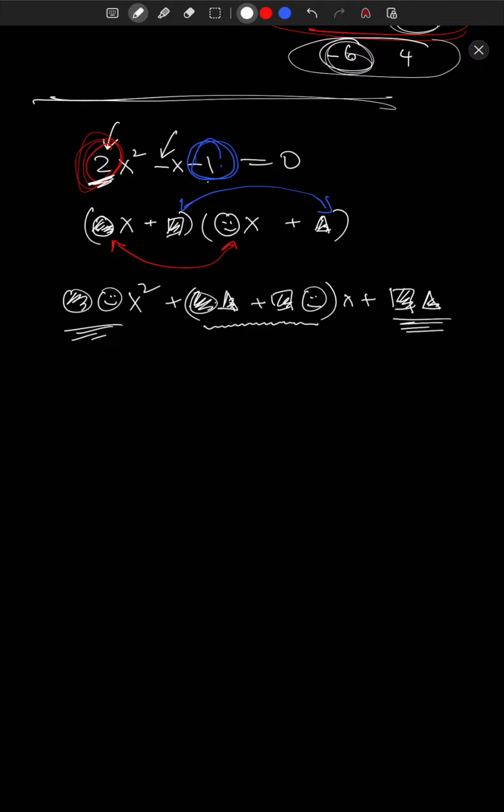So luckily enough for this one, there's only a couple possibilities. Box and triangle, how do you get 1? Well, 1 times 1 is 1. We need a -1, so 1 has to be positive, 1 has to be negative. So the only possibility is 1 and -1. All right? So we already know for this problem that one of these has to be 1, the other has to be -1. Okay, for the 2, there's only one way to get 2, is 2 times 1, right? So 2 and 1.